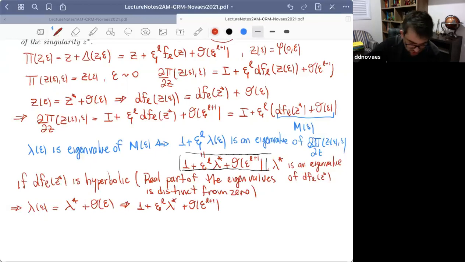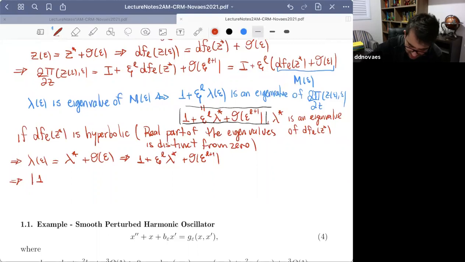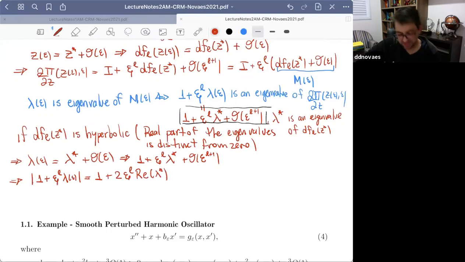And in this situation, the norm of this eigenvalue is given by 1 plus 2 times epsilon L multiplied by the real part of lambda star plus high order terms in epsilon.